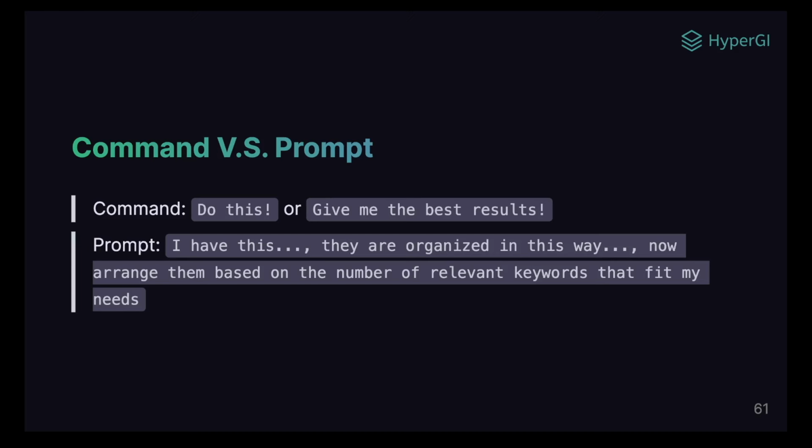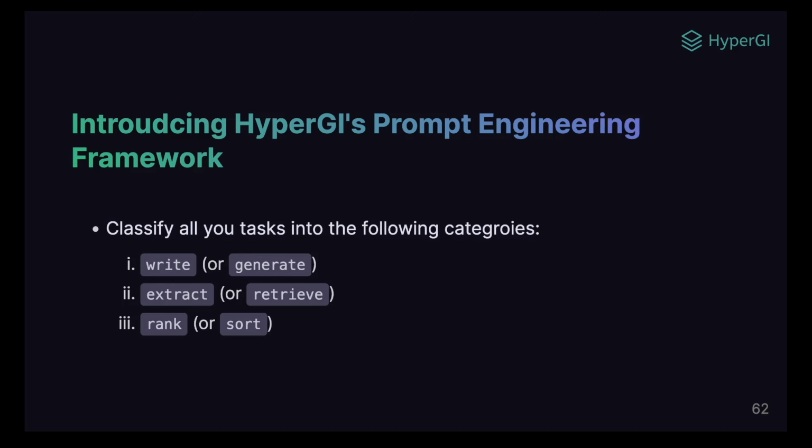So now, the final moment of this video, and why you should spend time watching it, because I will now introduce the framework for prompt engineering that we used at HyperGI. Whenever we get a lot of information, whether it's text or structured data, we always classify the tasks into different categories. Do I use ChatGPT to write or generate something?